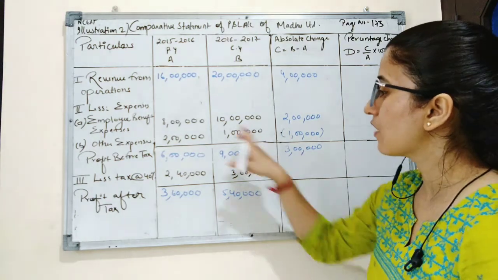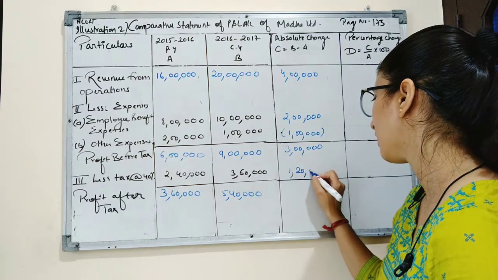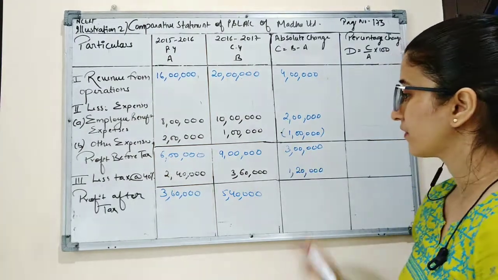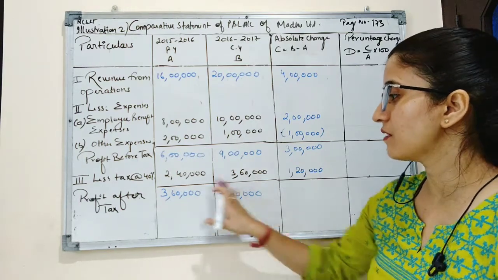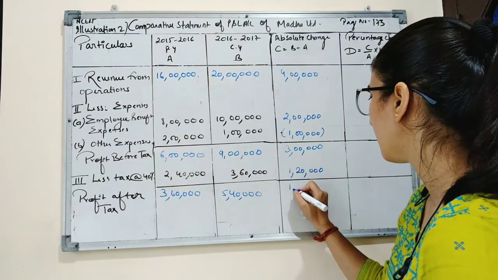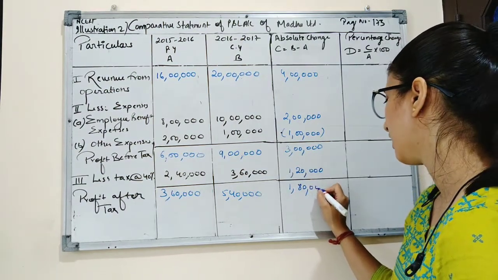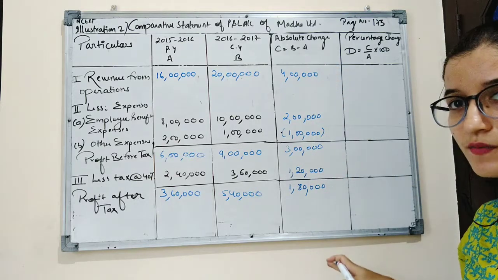So 3,60,000 minus 2,40,000 will be 1,20,000. Profit after tax we will calculate as 5,40,000 minus 3,60,000. We will get the amount 1,80,000.